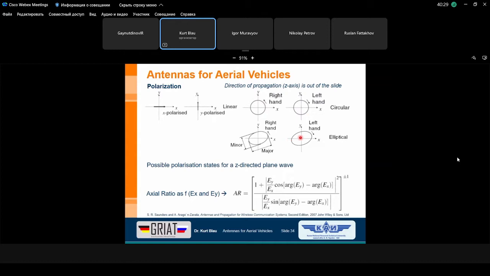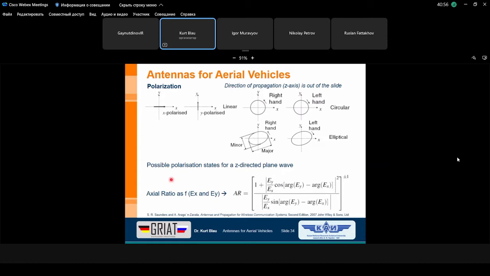Both axes have the same length. This is the perfect case, but in practice it's very difficult to achieve. In principle, we have elliptical polarization. In the case of linear polarization, the axial ratio is very, very large, and in the case of circular polarization, the axial ratio goes near 1.